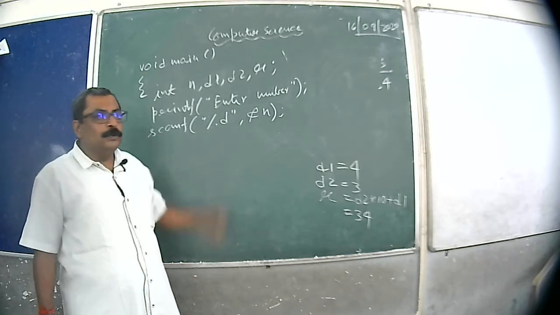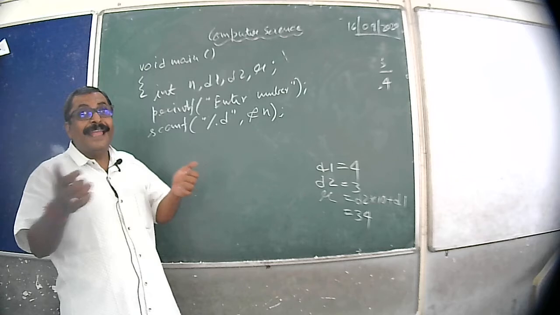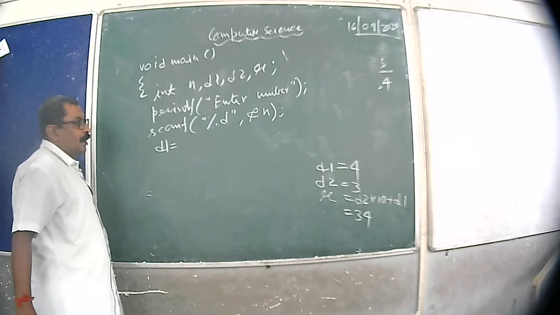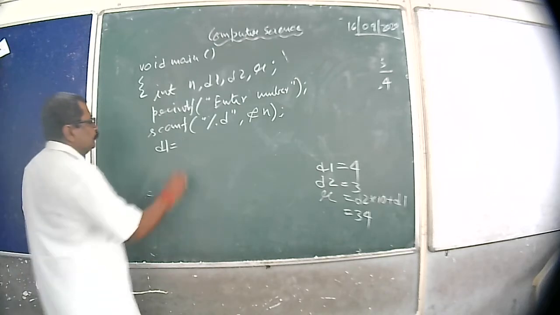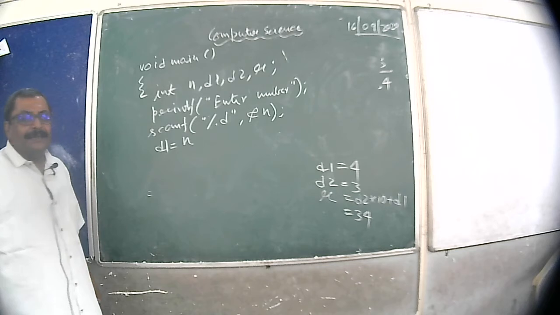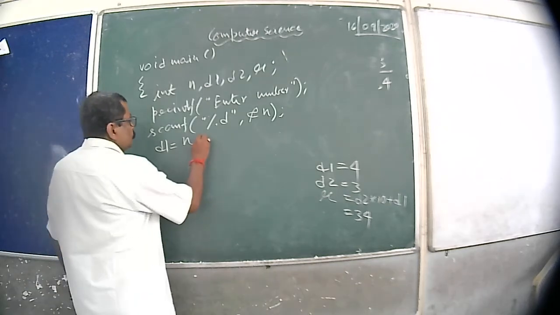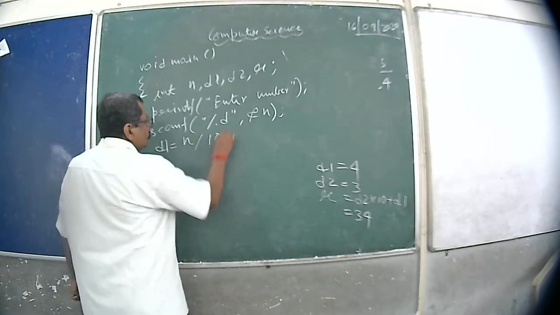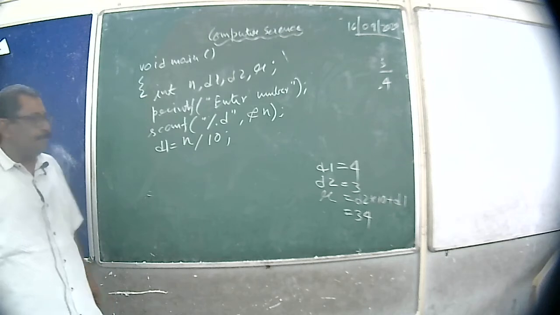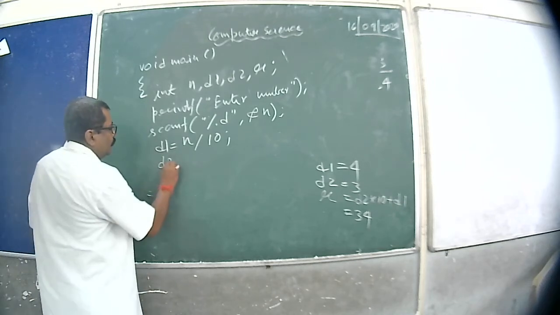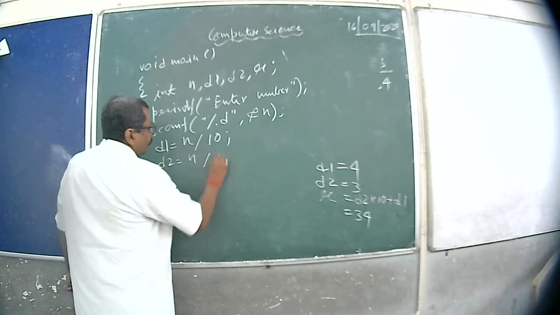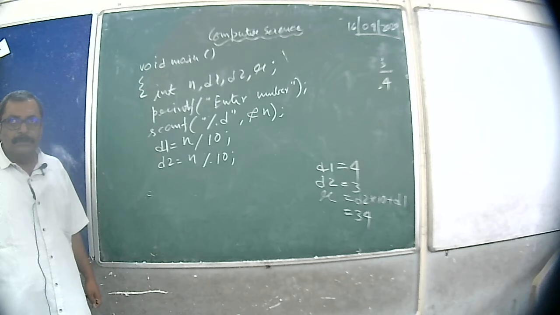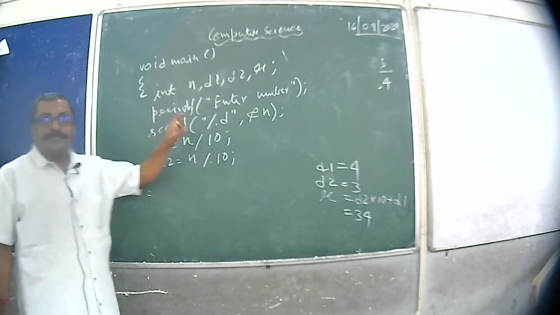Whatever value the user enters, our next task is to extract the digits. D1 is equal to n divided by 10. D2 is equal to n modulo 10. Now, up to this, let us do some workout.